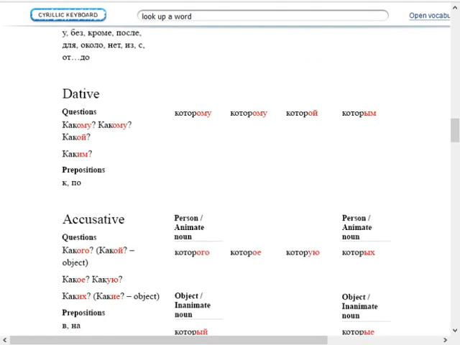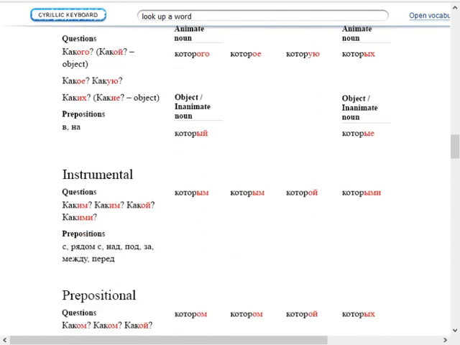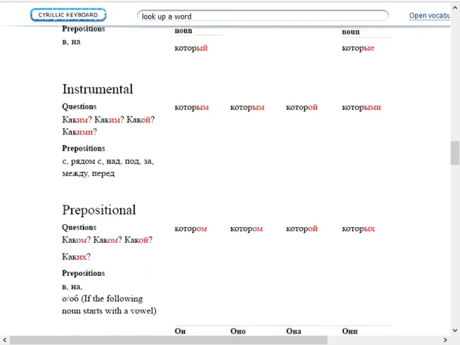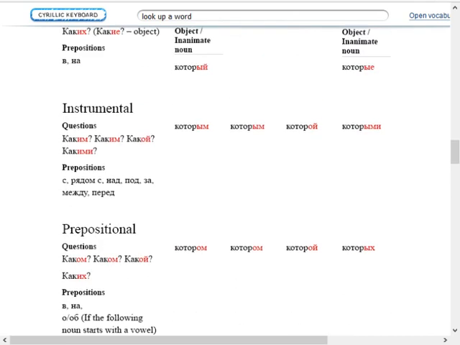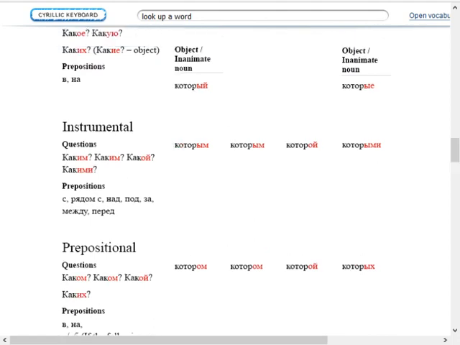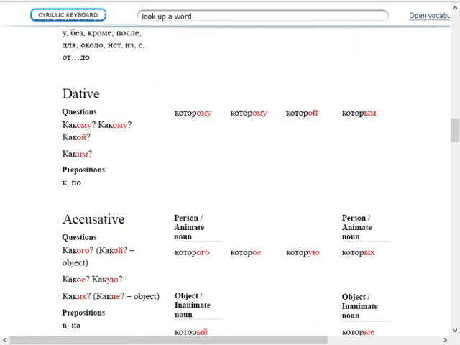Where's по которым? No, that doesn't make sense. Where do we have которым? So we have it here under instrumental. Where else do we have it?